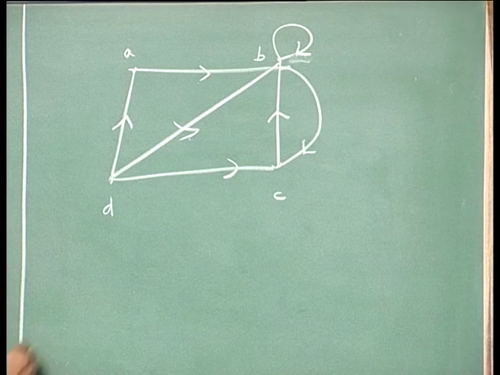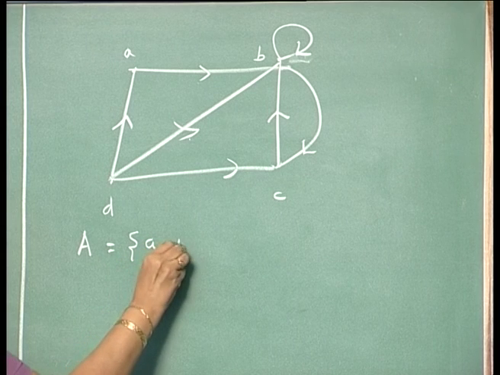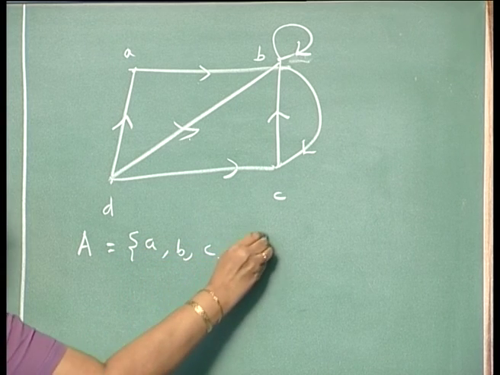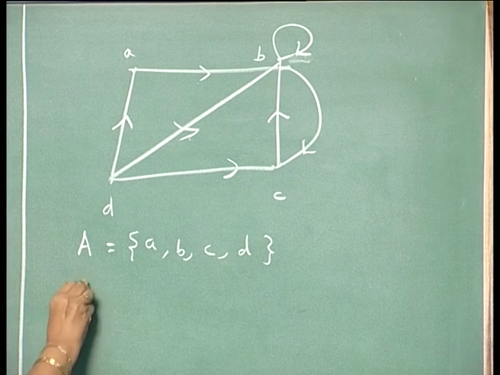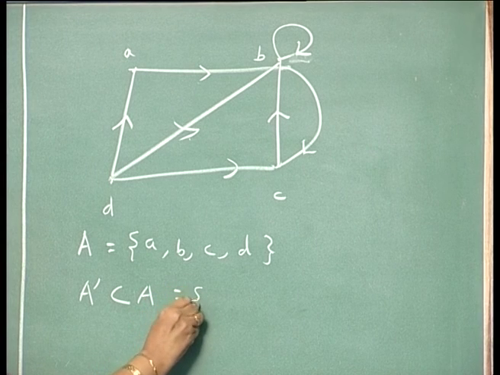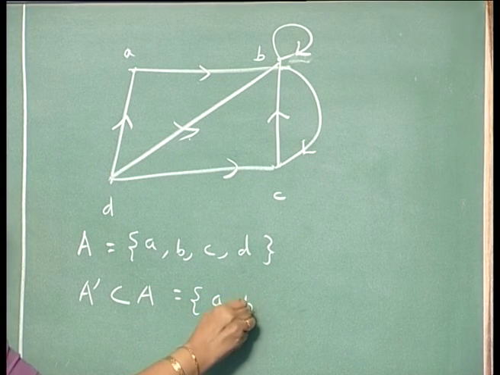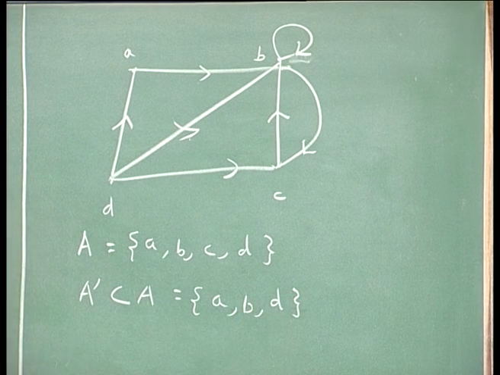Now, A consists of A, B, C, D. Take A dash, which is contained in A, to be just A, B, D. Then the subgraph, this is a subgraph.